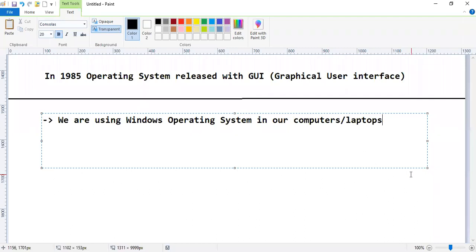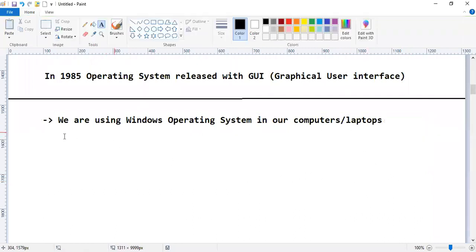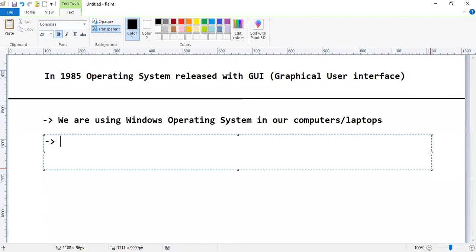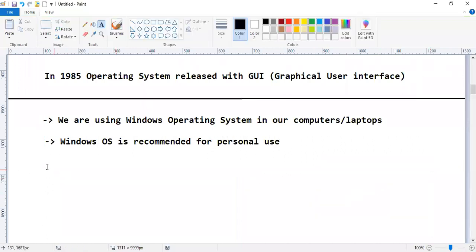Even in my laptop, I'm using the Windows operating system. Windows OS is recommended for personal use.